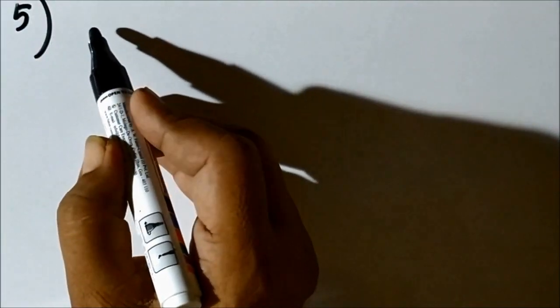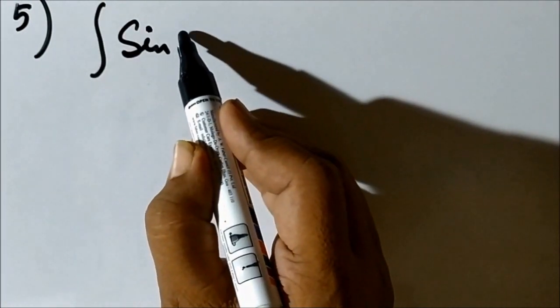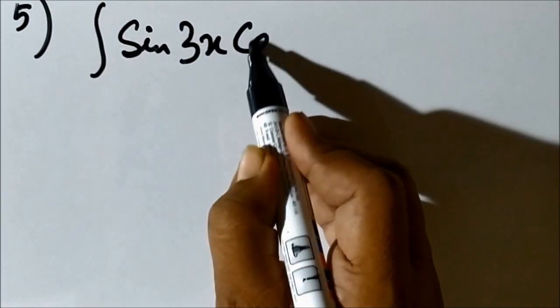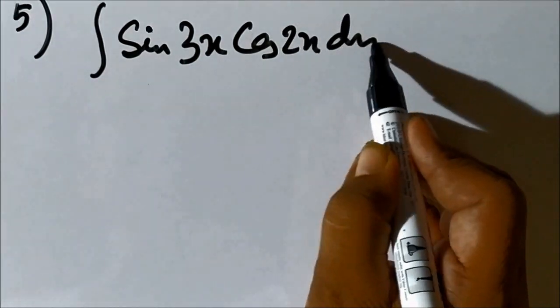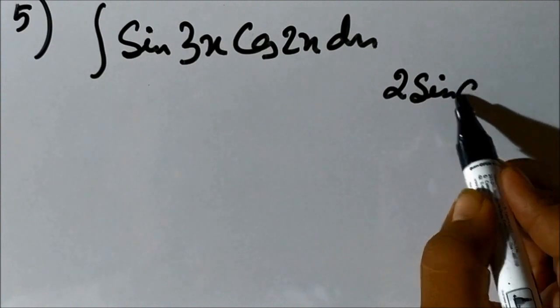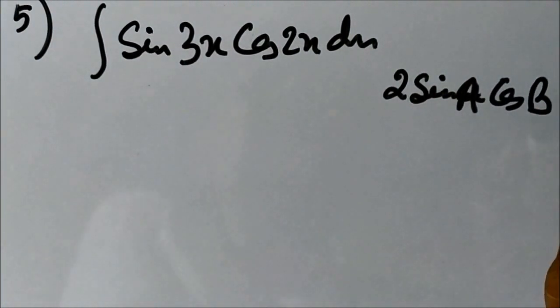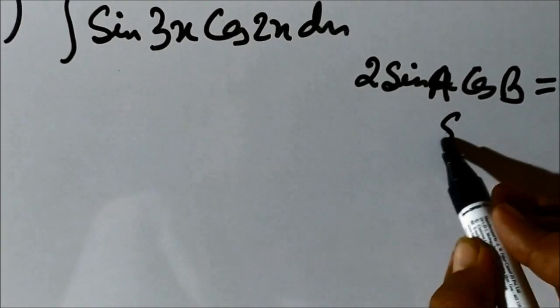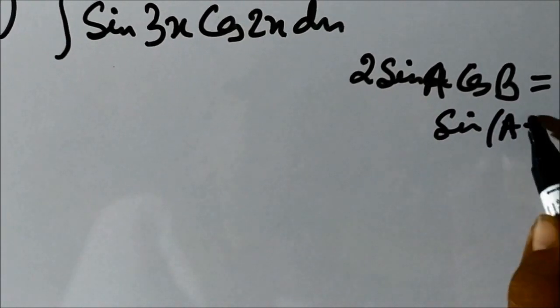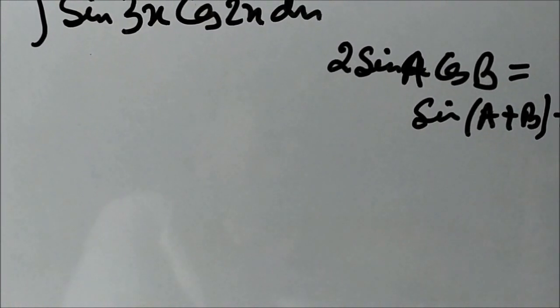Question number 5. Find the integration of sin 3x cos 2x dx. As we know from trigonometry, 2 sin A cos B equals sin (A plus B) plus sin (A minus B).